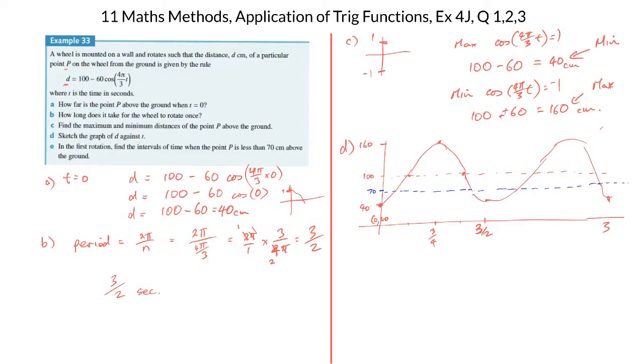Now I'd like you to use your calculator, and you can find the intercept, so you can actually put in the formula y equals 100 minus 60 cos 4 pi on 3x, and put in the line y equals 70. And then you find the intercepts between those two lines. And that'll be a really good exercise for you with working it out.